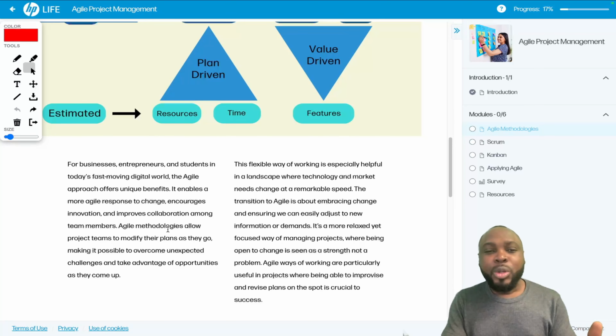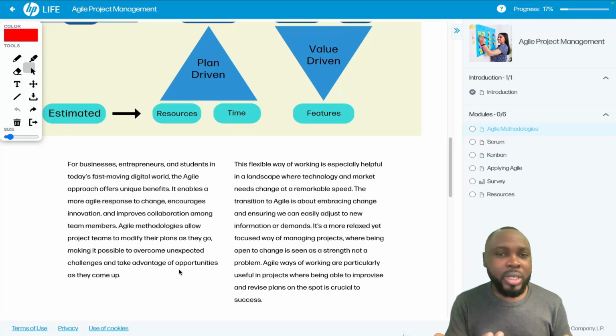So agile methodologies allow project teams to modify their plans, as we said, as they go, making it possible to overcome unexpected challenges and take advantage of opportunities as they come up. So as opportunities or challenges come up, the agile team sees it as an opportunity to do something better, to meet the users at the point of their needs.